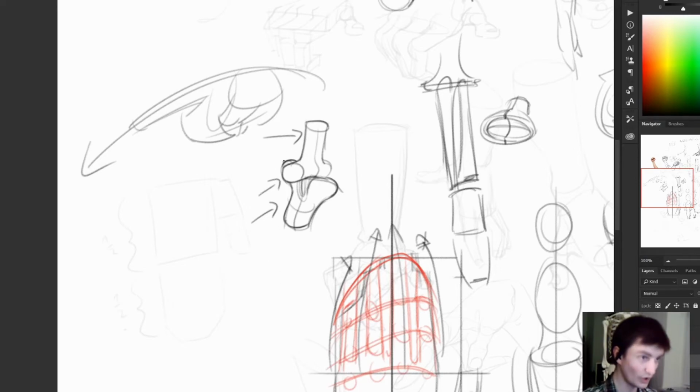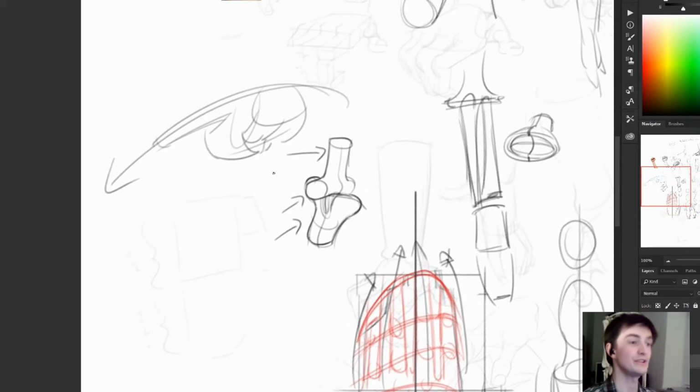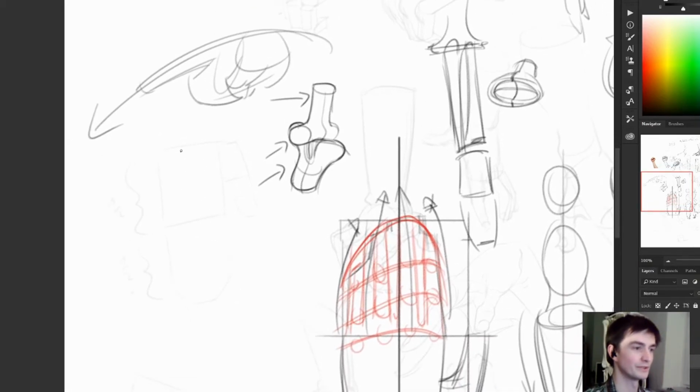So overlaps can help to make things look nice and 3D as well, because telling your viewer that one thing is in front of the other is the way that you create this illusion of depth. So let's talk about the fingertips.